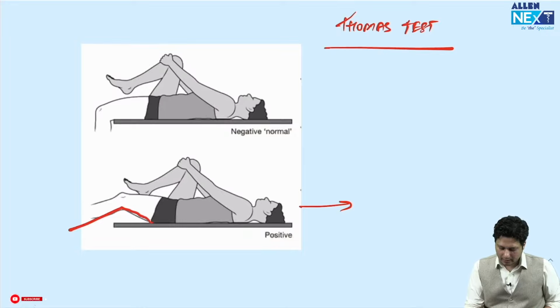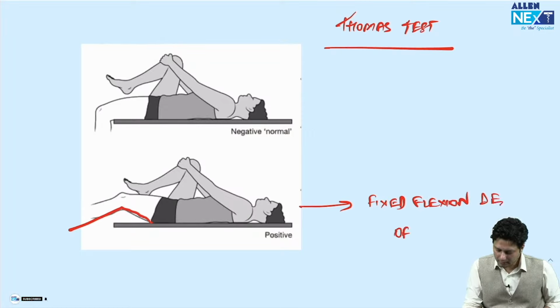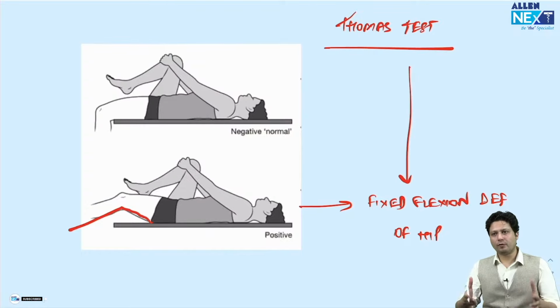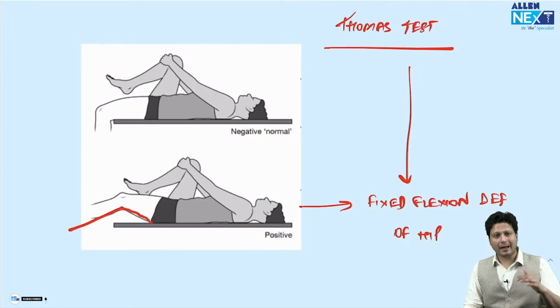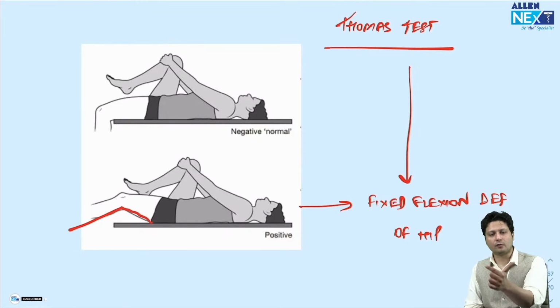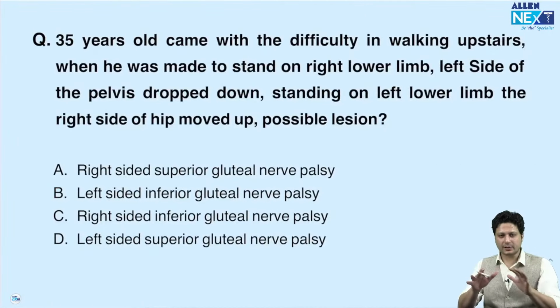So, this is fixed flexion deformity of the hip. Thomas test is basically for the demonstration of the fixed flexion deformity of the hip joint. All right. For the demonstration of the fixed flexion deformity of the hip joint, we are performing this Thomas test, by unmasking of the fixed flexion deformity by obliteration of exaggerated lumbar lordosis. At least this point you need to remember as far as this question is concerned.